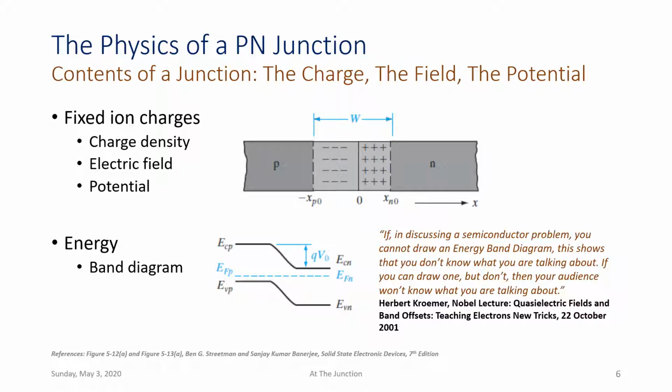And this is the formation of the junction. There's a density of negative charges on the p side and a density of positive charges on the n side. And these charge densities form an electric field that results in a potential or a built-in voltage. And all this leads to the very important energy band diagram.